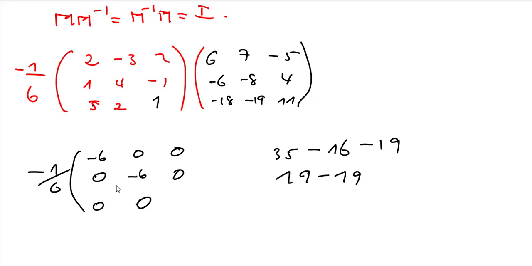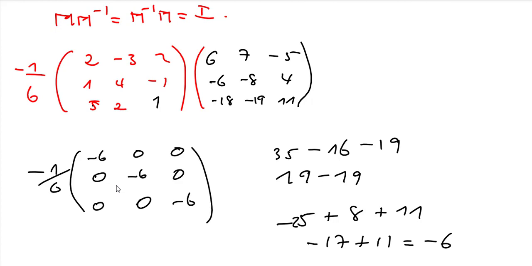Now the next and the last is this times the last column. So we have 5 times negative 5, which will give us negative 25. 2 times 4 is plus 8. 1 times 11 is 11. Now negative 25 plus 8 will give us negative 17, plus 11, and this will be negative 6.